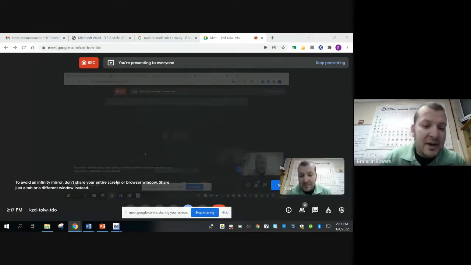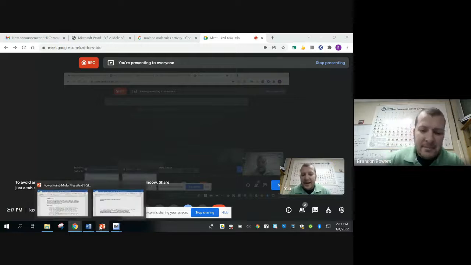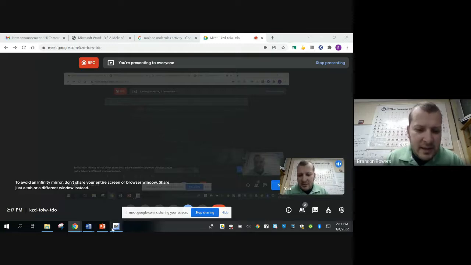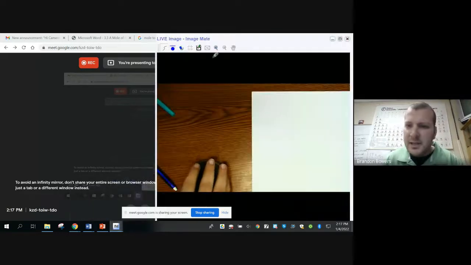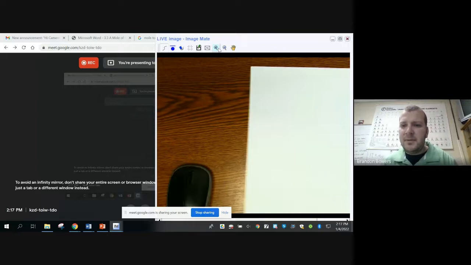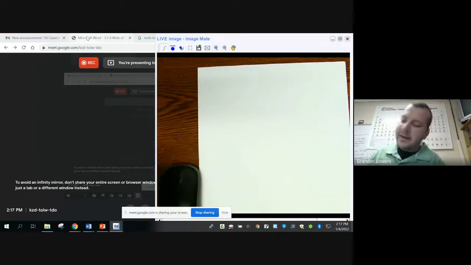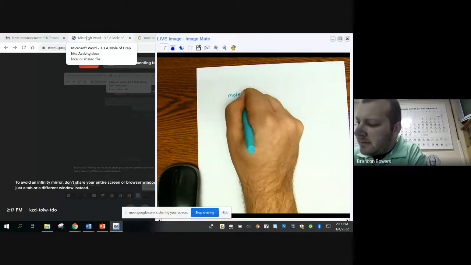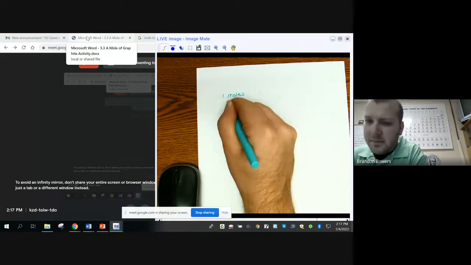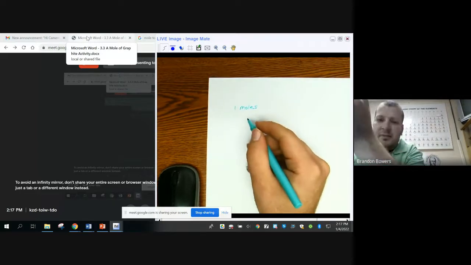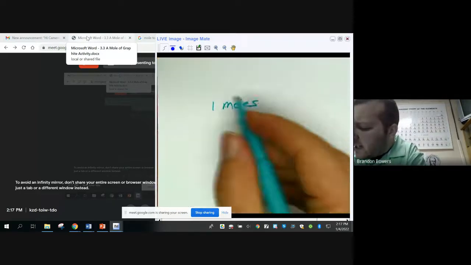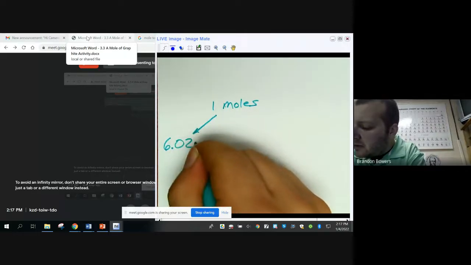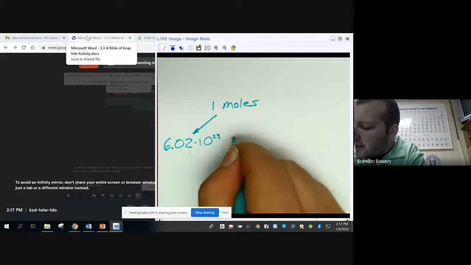That's scary. All right. So anyway, yesterday we talked about calculating the moles. So hopefully you can see my piece of paper. We talked about how 1 mole is the same as Avogadro's number, which was 6.02 times 10 to the 23rd atoms.